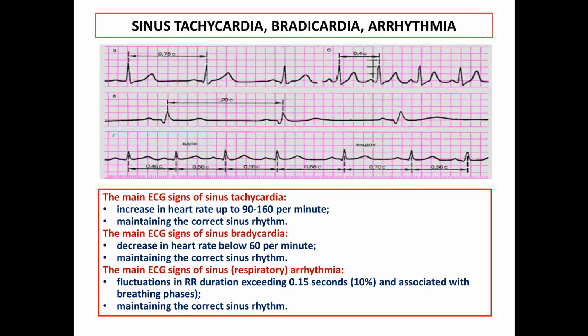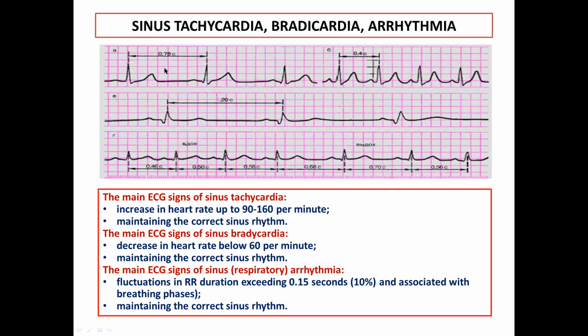Let's start with sinus tachycardia, bradycardia, and arrhythmia. Sinus tachycardia may be present even in a normal patient, for example during exercise or under emotional stress, and you see how you can recognize it. You can recognize it on ECG by an increase of heart rate up to 90 to 160 per minute while maintaining the correct sinus rhythm.